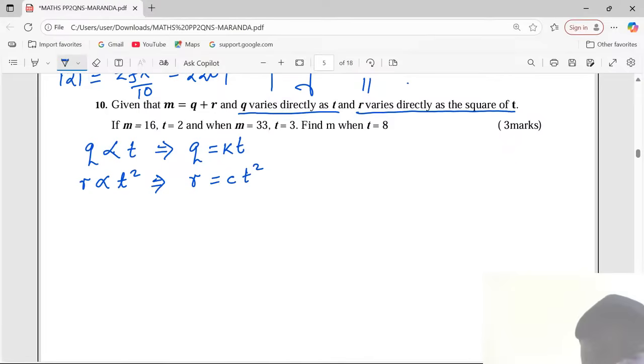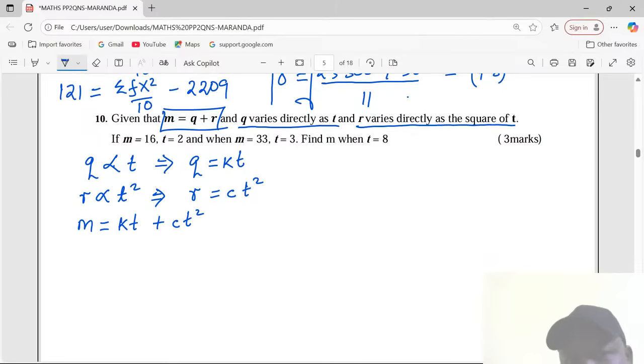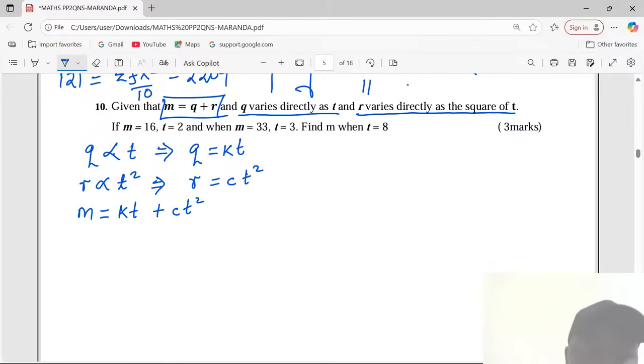If R and Q can be expressed in terms of T and constants, then we can replace them in the original relation and say M equals KT plus CT squared. So this is now the general equation connecting M and T. Instead of Q and R, you have M and T now.